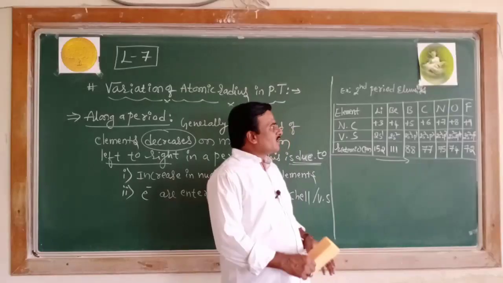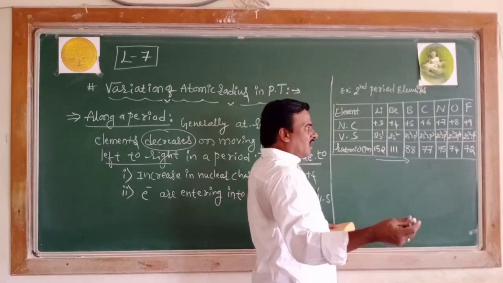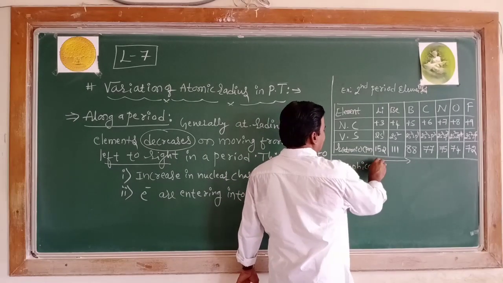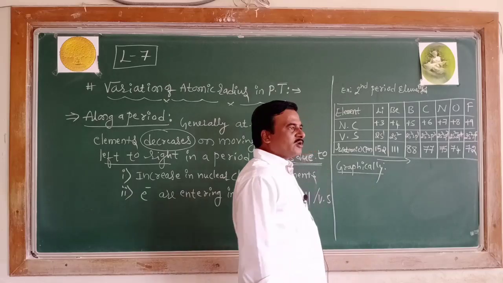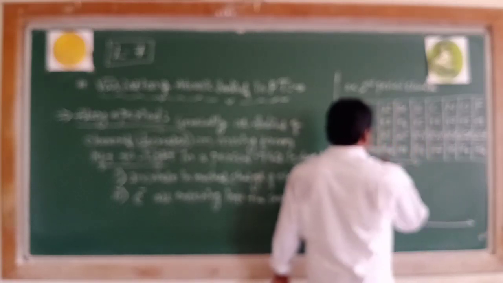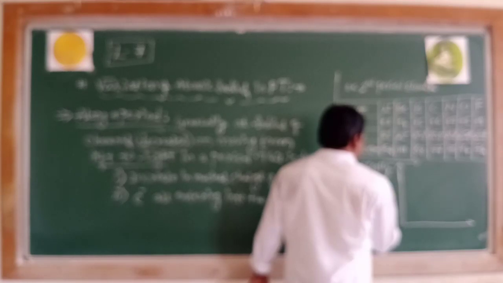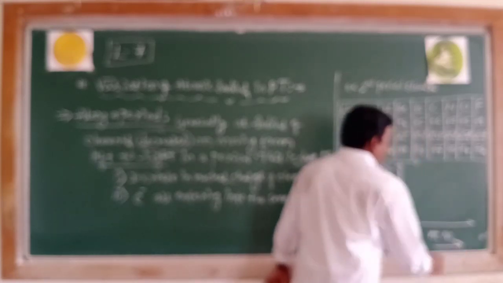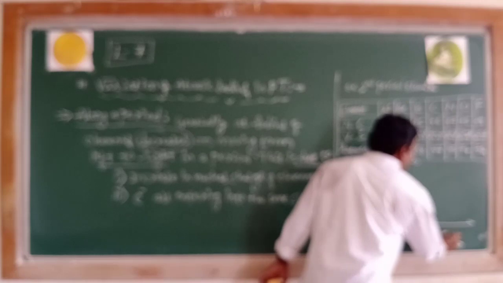This is how. We shall also show it graphically, as in the NCERT text, by plotting a graph of the two values. One is the atomic radius in picometer, plotted along the y-axis, and the atomic number along the x-axis.